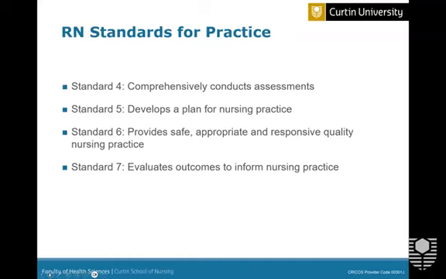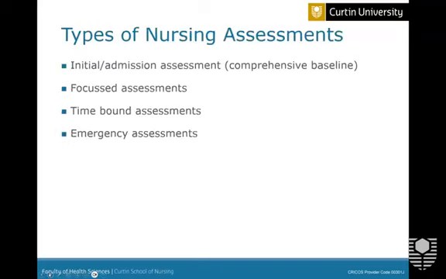Standard 6 is about ensuring the safe provision of appropriate and responsive quality nursing practice, and Standard 7 evaluates outcomes to inform nursing practice. So this all stems from your assessment data in terms of how you're working with your people. And also, bearing in mind that you are gathering and often providing care for more than one person.